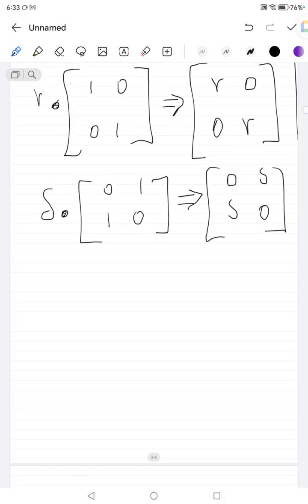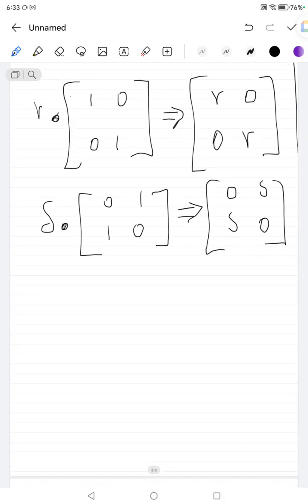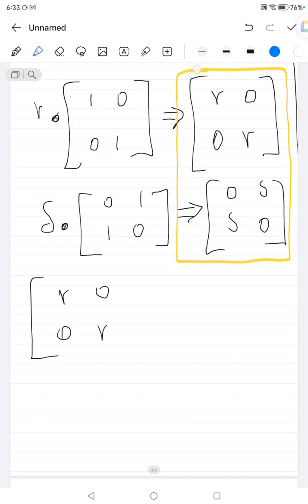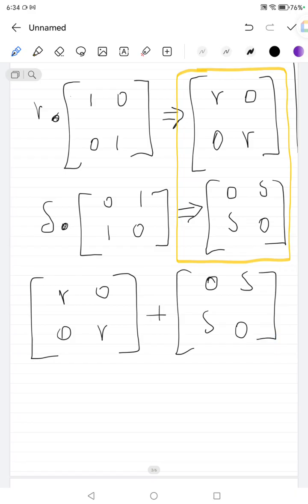Then if we combine this, remember we're going to have your R and 0, your 0 and R. We're combining these ones that we got this side. So we're going to be having this plus this one, which is going to be your 0 and your S and your S and your 0.